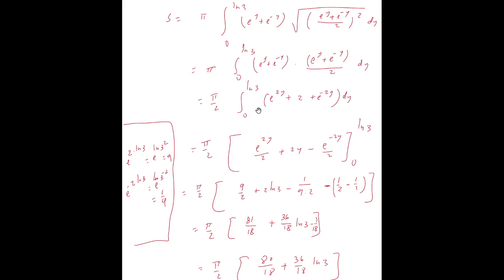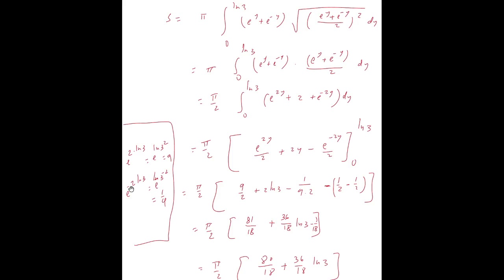So the limit of integration is 0 to ln 3. Now by using the fundamental theorem, we first replace this y by ln 3, and after that we replace this y by 0. So when you try to simplify e to the power 2 times ln 3, look at here, it will give you 9. E to the power negative 2 times ln 3 gives you 1 over 9.